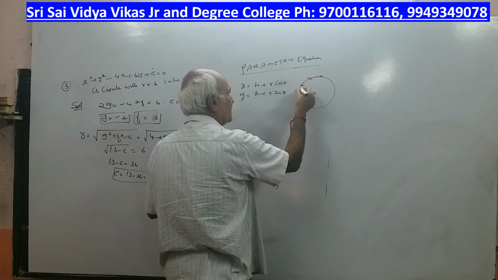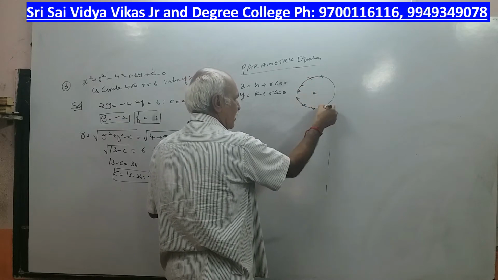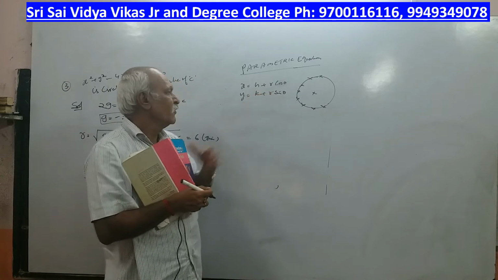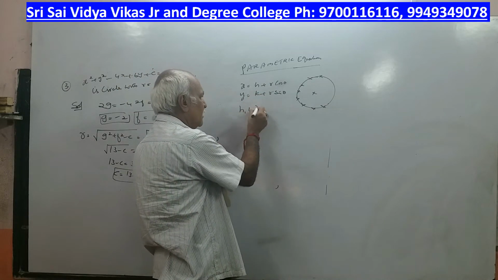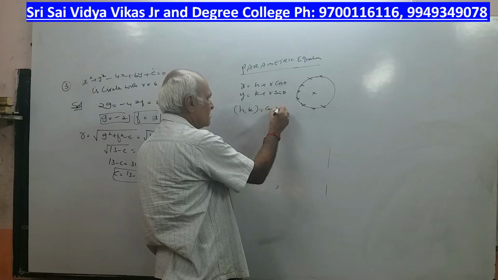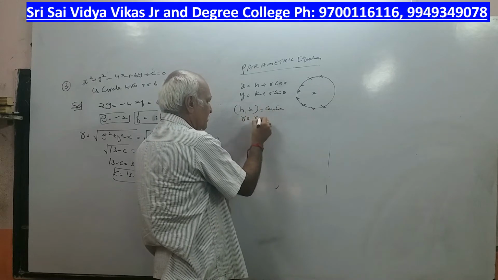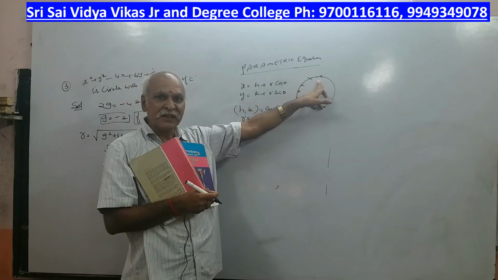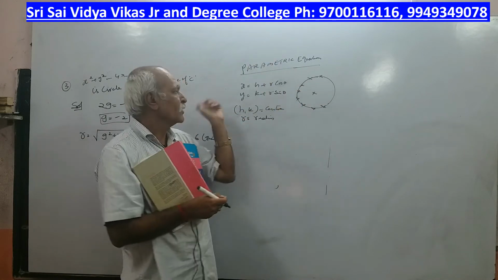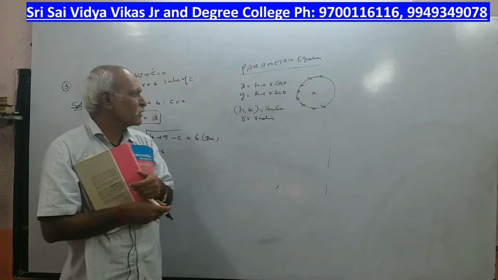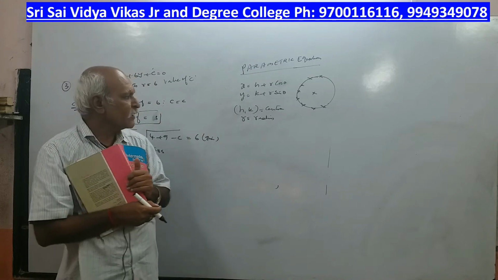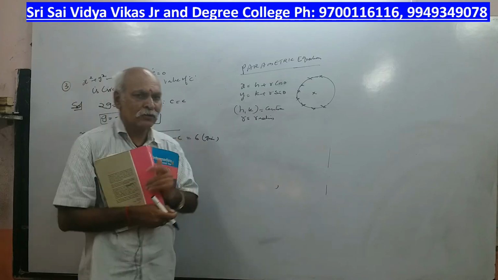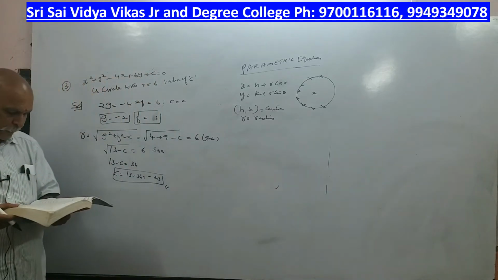How to get the points? If you want to know the points on the circle, use this formula, where h comma k is the center of the circle, r is the radius. Once you know center and radius, you change the theta values, you get the points. So what is the formula? x is equal to h plus r cos theta, y is equal to k plus r sin theta, where h and k is the center, r is the radius. Okay, please note down this.